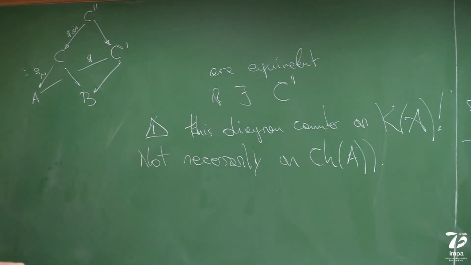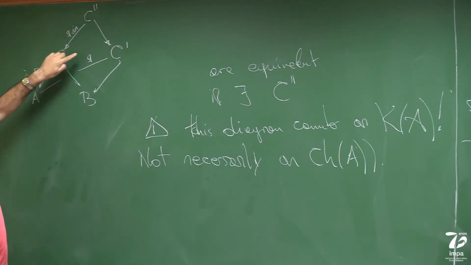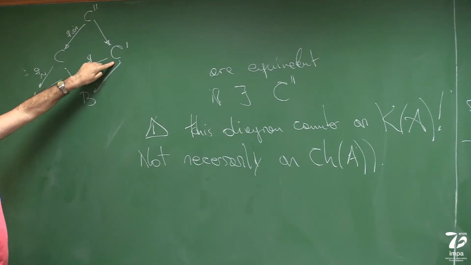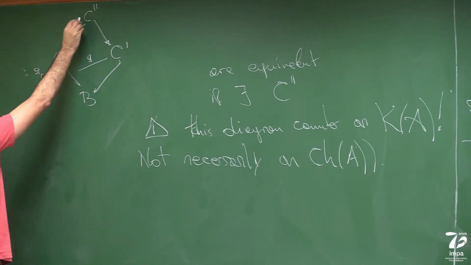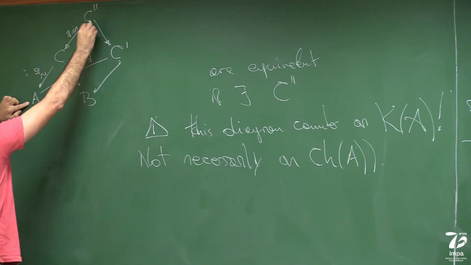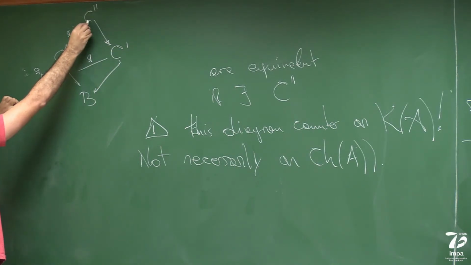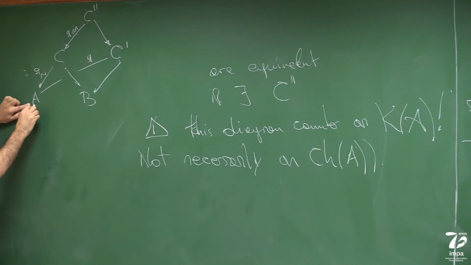Okay, so what am I requiring to identify this morphism from A to B with this other morphism from A to B? I'm requiring that there exists a complex with maps to C prime in such a way that, for example, this composition and this map from this complex to C prime and then to A, these are two different maps from C second prime to A. Those two maps do not need to be the same map, but they need to be homotopy equivalent.